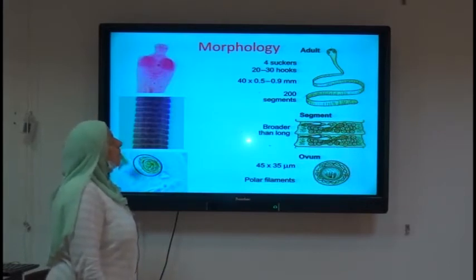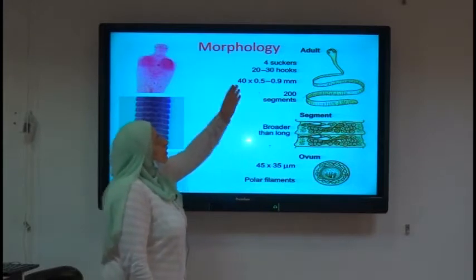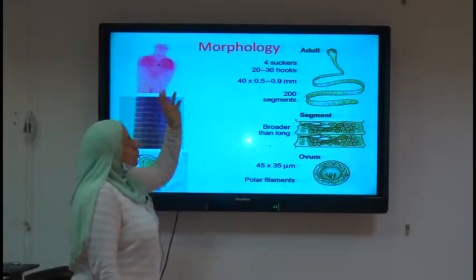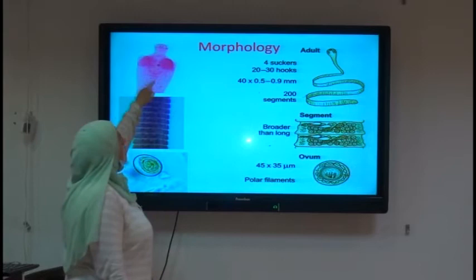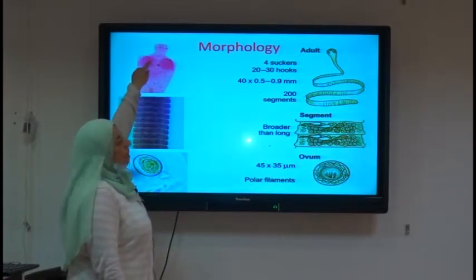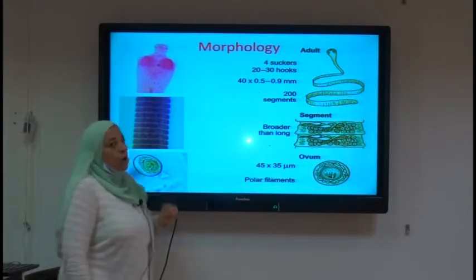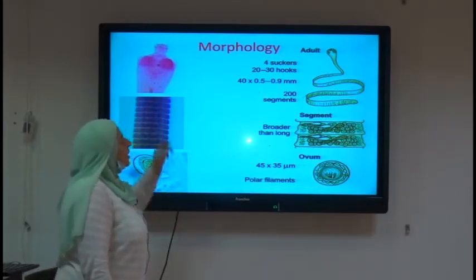Of course, for the morphology, we start with the adult worm, the scolex. The scolex is rhomboidal or globular, provided with 4 suckers and a retractile rostellum. This rostellum is armed with 1 row of hooks.